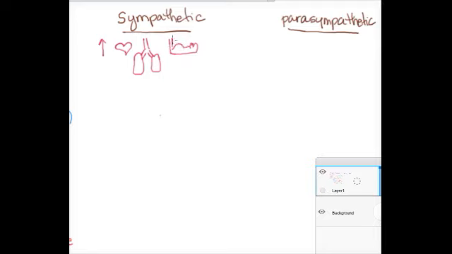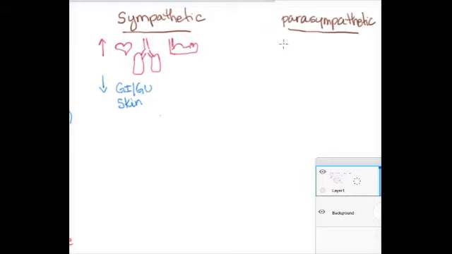That's supposed to be a bicep. That's pretty sad. All right. But then we have a decrease to the GI system, the GU system, and to the skin, because we don't need it in those places.